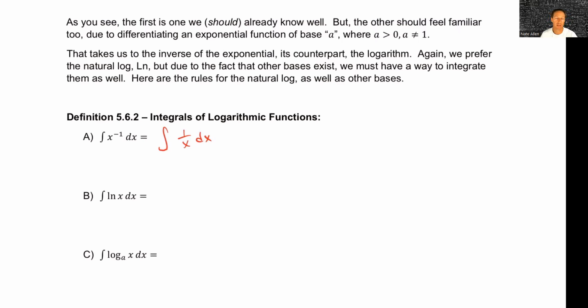Because that's all the antiderivative or integration is, working backwards, thinking what original function would we have had that, when we took the derivative of it, gave us this. Can you fill in that blank? I hope so, and I hope you realize why it was in this part of the definition.